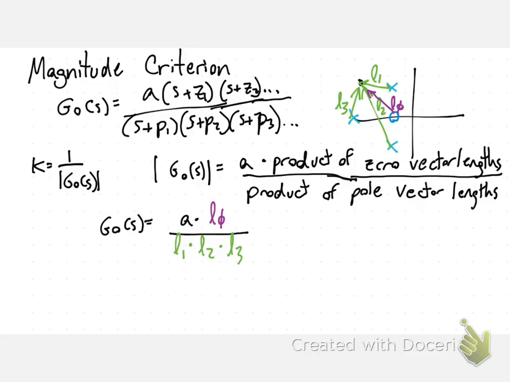And since K is inversely related to the magnitude of G of s, 1 over K would be equal to the magnitude of G of s, so K would be equal to the inverse. So the product of our pole vector lengths divided by A times the product of our 0 vector lengths. And in this example, that would be L1 times L2 times L3 divided by A times L phi.